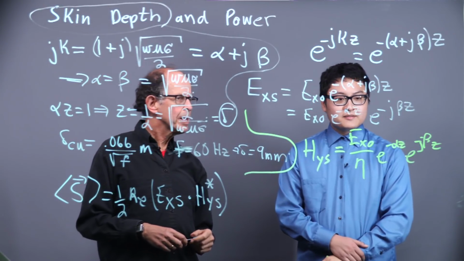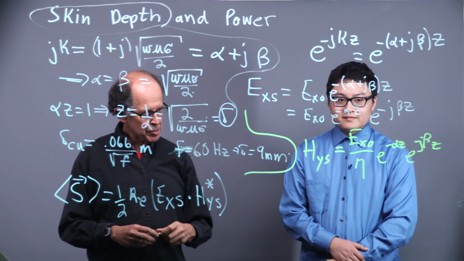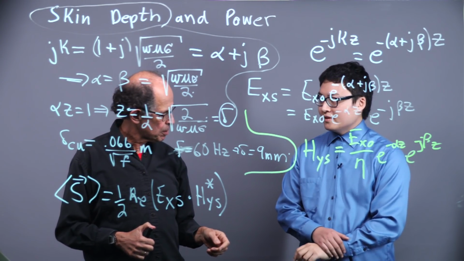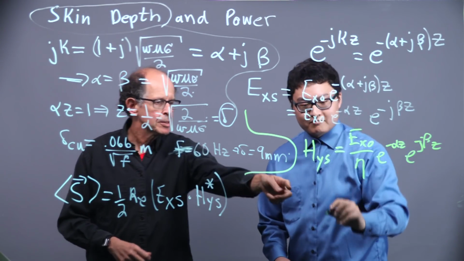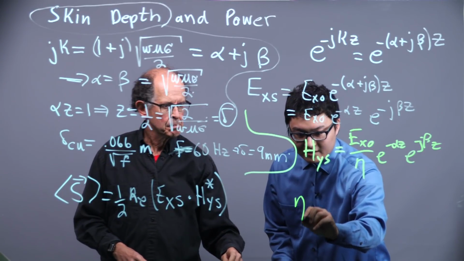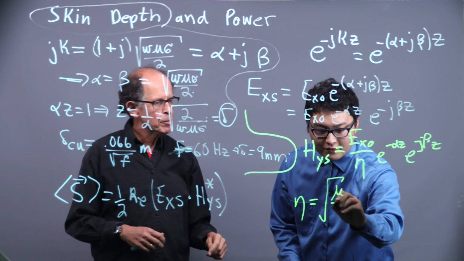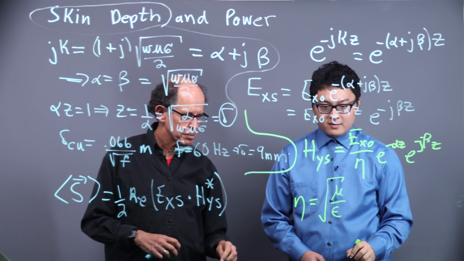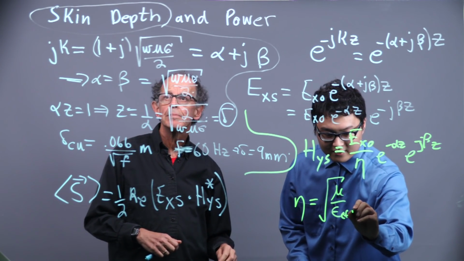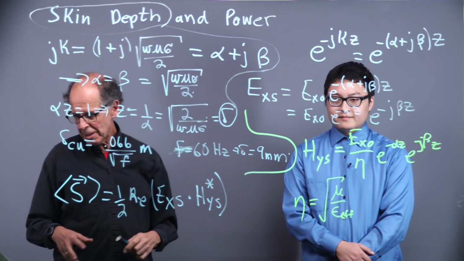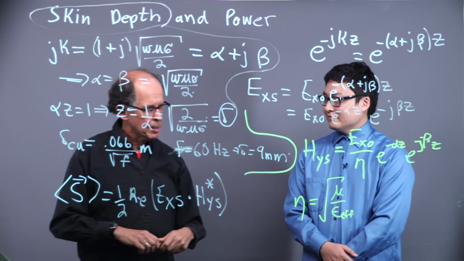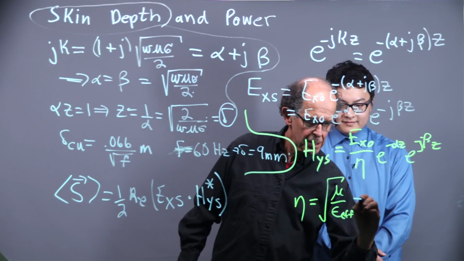Can you remind us what eta is? Eta is the square root of mu over epsilon effective. Now, epsilon effective, remember what this is?